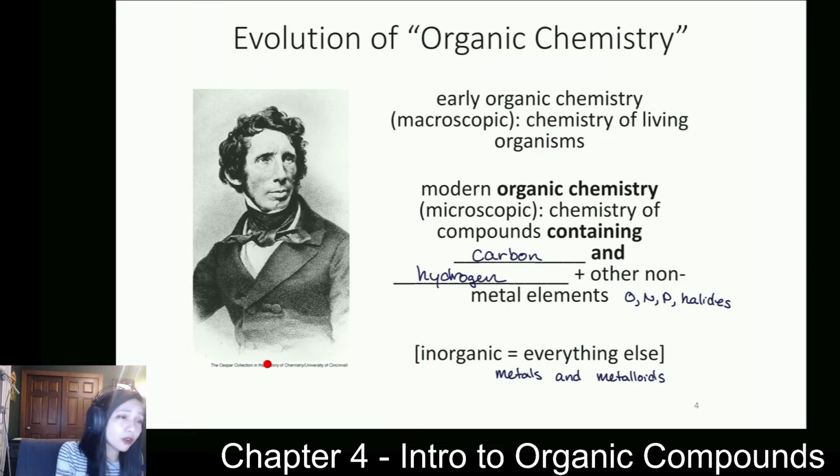But Friedrich Wöhler did an experiment where he took an inorganic substance, so ammonium cyanide. If you write out the chemical formula for ammonium cyanide, you should recognize that that is an ionic compound. So it's inorganic in a sense, but he decomposed this compound and produced urea.